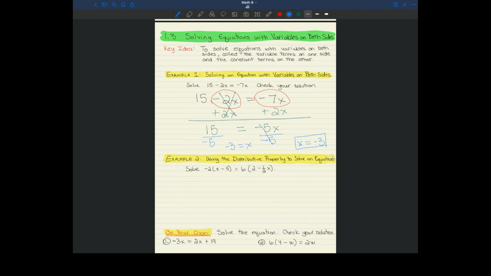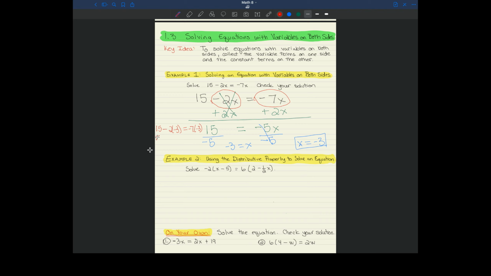Now, it's also asking me to check my solution, and I can do that by substituting negative 3 in for x. So I'll have 15 minus 2 times negative 3. We want that to equal negative 7 times negative 3.